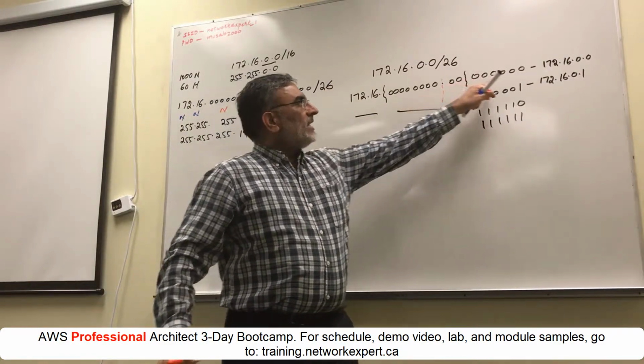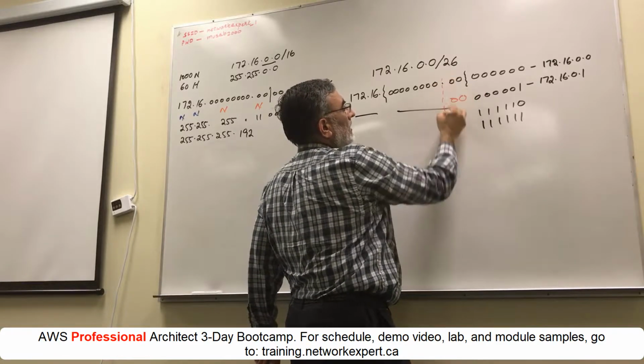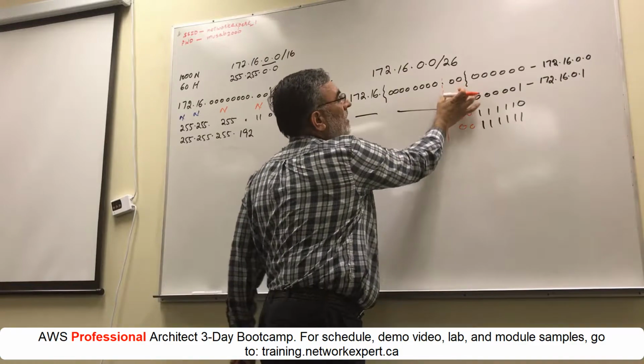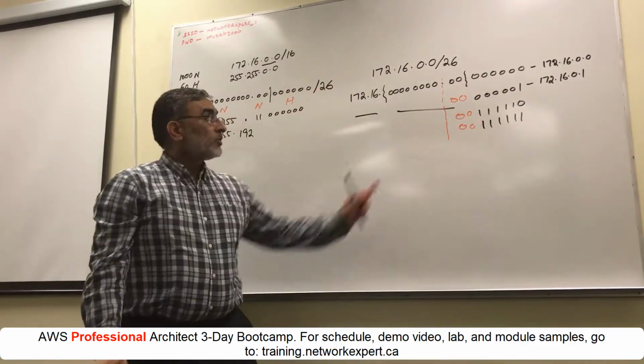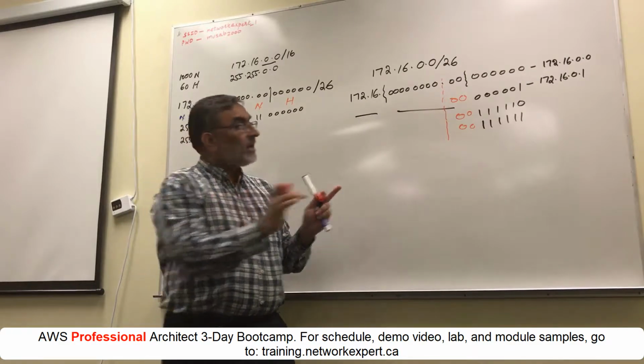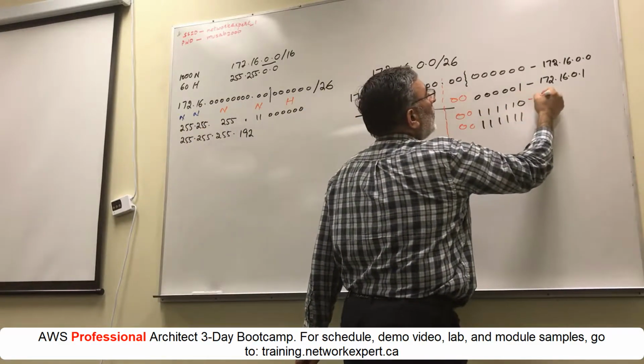I have changed this, and this as well: 0, 0, 0, 0. Why? Because I'm not making any change in this portion, as this is my network portion. But when we change into decimal, we bracket them into 8.